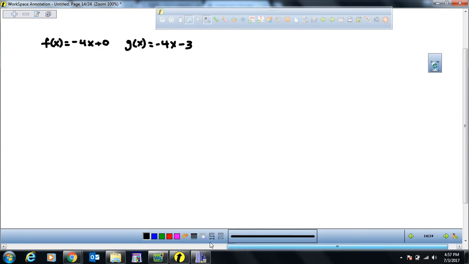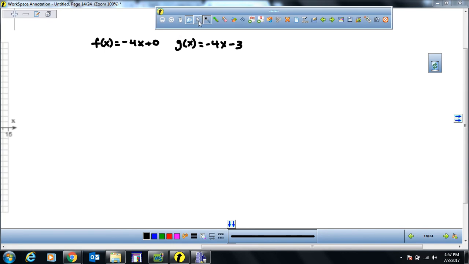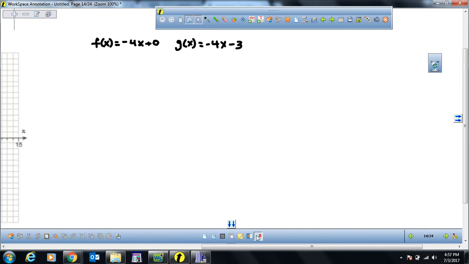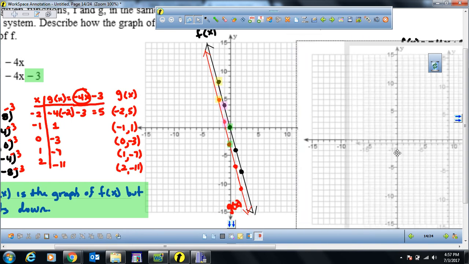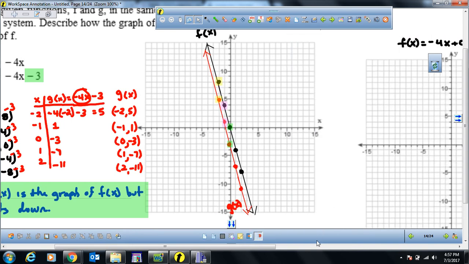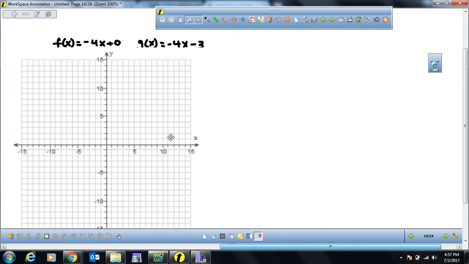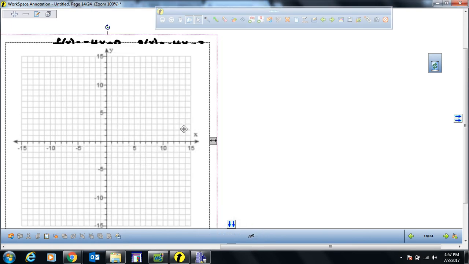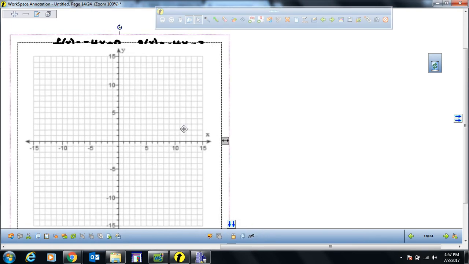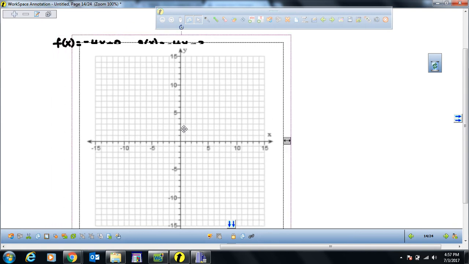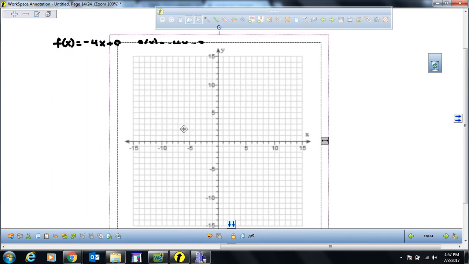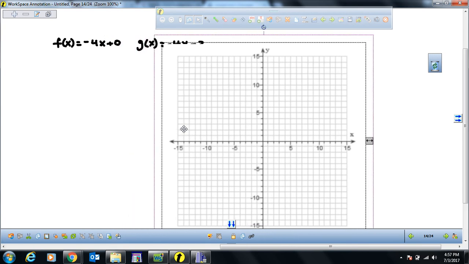Okay? So let me bring down my graph right here, because we're going to be using another graph. I'm going to do something else here, separate. So let me move this to the side. So another way that we can use to graph lines, just specifically for lines, okay?